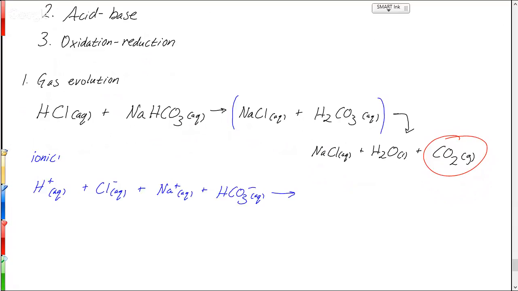That's just the intermediate. What we actually see is the product. So now we've got sodium ions, chloride ions, water, which stays together as a liquid, and CO2, which stays together and actually leaves the solution as a gas. So if we get rid of our spectator ions, then our net ionic equation is H plus HCO3 minus yields H2O and CO2.